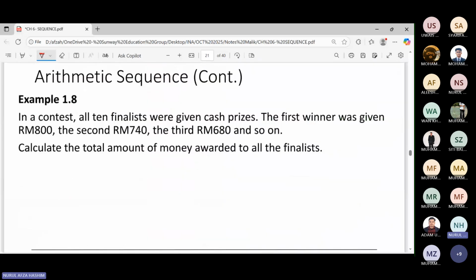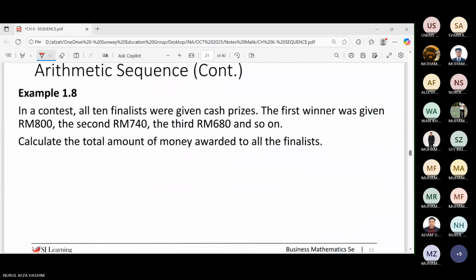Okay, example 1.8. Here in the question, you have 10 finalists. The first winner gets 800. Second winner, 740. The third winner is 680. So it means that all of this is a sequence.